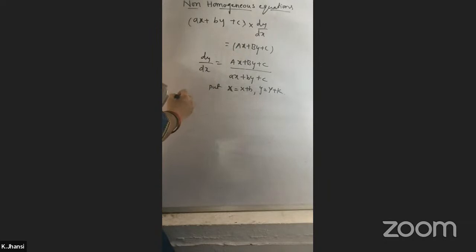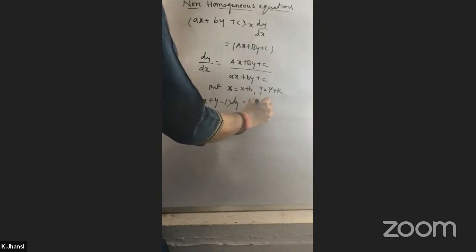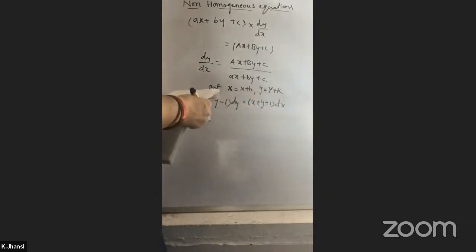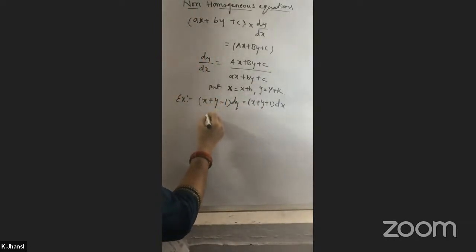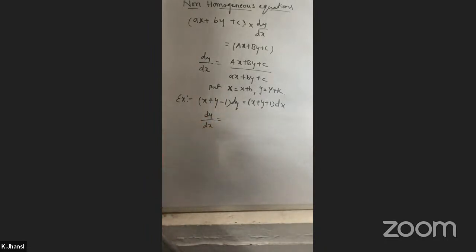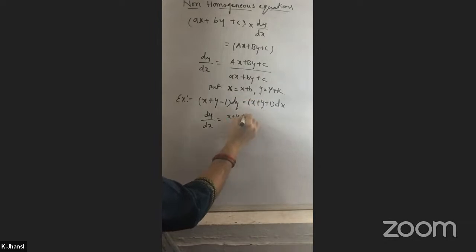So we'll see one example here: x plus y minus 1 into dy is equal to x plus y plus 1 into dx. If you write this in this form, dy by dx is equal to x plus y plus 1 by x plus y minus 1.